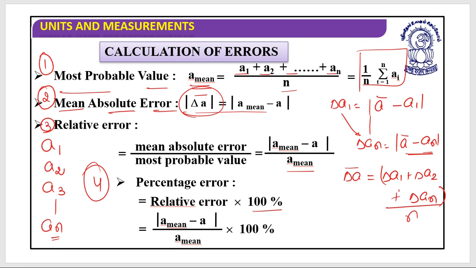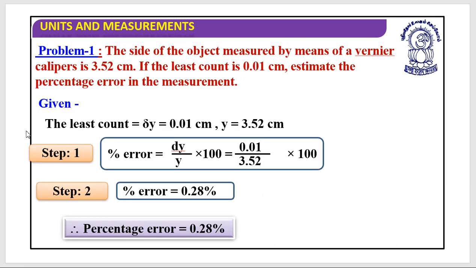So let's move to the numericals. Go through the data very carefully, what has been given. The side of an object measured by means of a vernier calipers is 3.52 cm. If the least count is 0.01 centimeter, estimate the percentage error in the measurement.